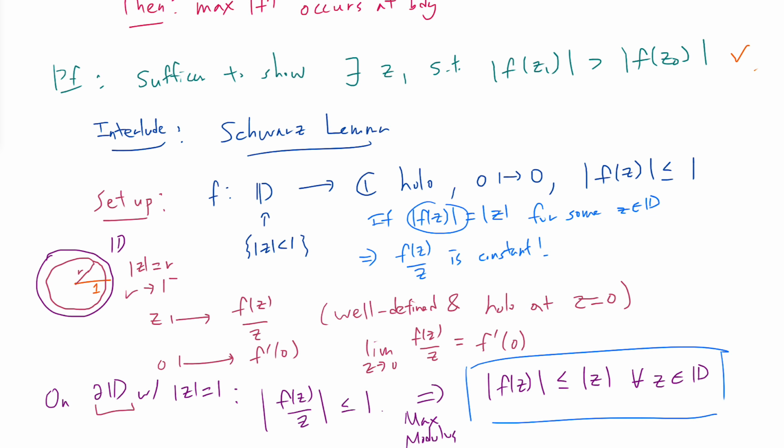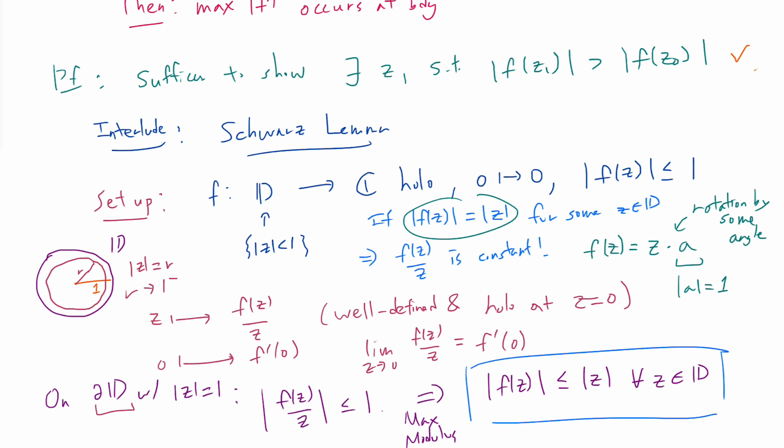And since absolute value of f and absolute value of z was the same at some point, we must have f of z is equal to z times some number, let's call it a, where this a has absolute value 1. And what does it mean to multiply by a complex number with absolute value 1? Well, this just means it is rotation by some angle. So this is another conclusion you can derive. That's part of Schwarz's lemma, that if you do have equality within the disk, then you are actually just rotating by some angle.